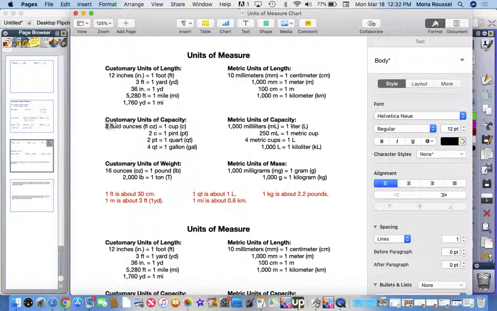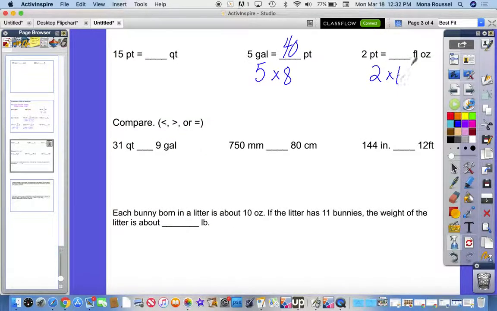Well, since there are 8 fluid ounces in a cup and 2 cups in a pint, 8 times 2 would give us 16 as the number of fluid ounces in a pint. So we will multiply 2 times 16 to give us 32 fluid ounces in 2 pints.